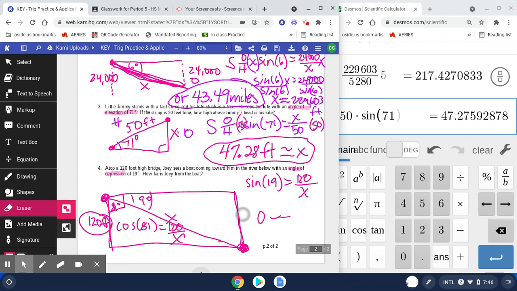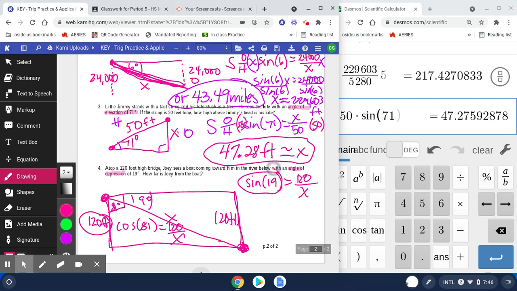I'm going to move this in so we have some workspace here. Make this 120 feet right here. All right, so I'm going to do the sine of 19 as equal to 120 over x. So are you guys starting to notice the fact that when we're dividing, these two basically change places? It becomes 120 over the sine. So sure, I can do the two steps, times x, divide by sine 19, but these two things end up switching places.